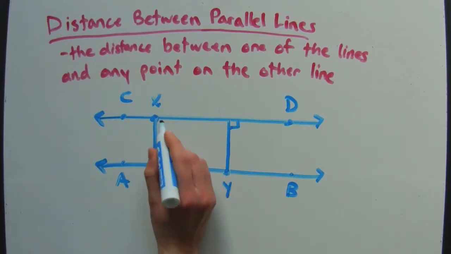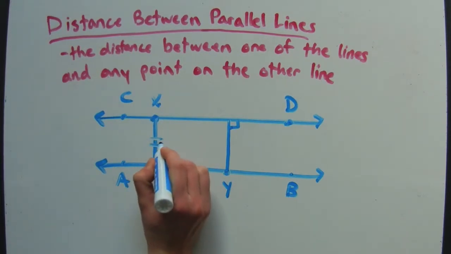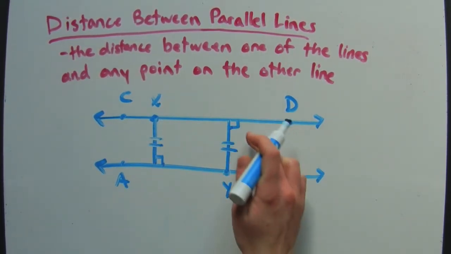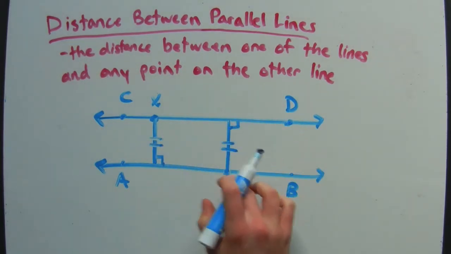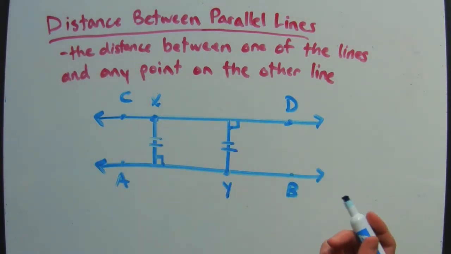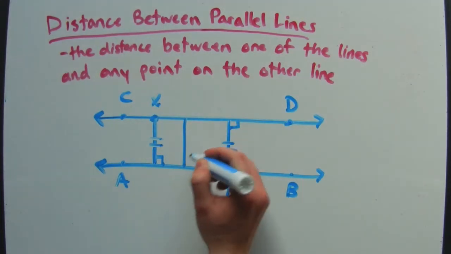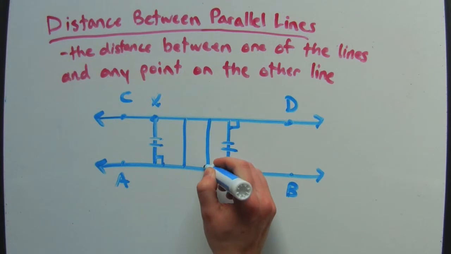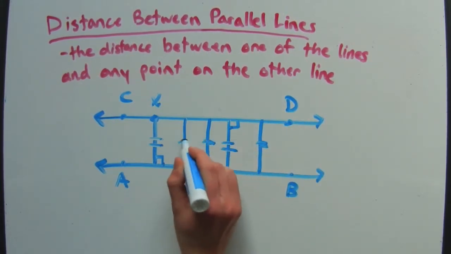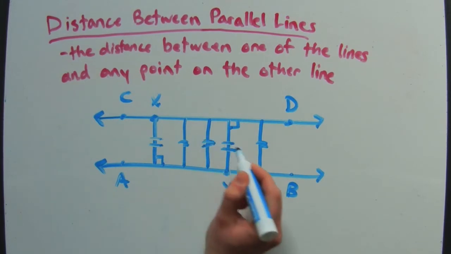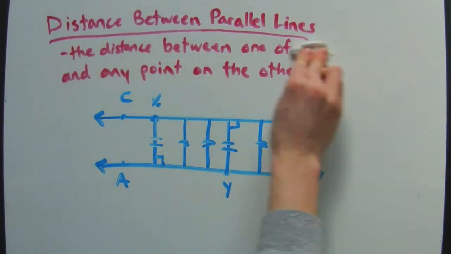So this segment that we got measuring from AB to the point X is going to be congruent with the segment that we got from measuring from the point Y to the line CD, because the lines are parallel. And any other segment that is perpendicular between the two lines will also be congruent. This is known as equidistance.